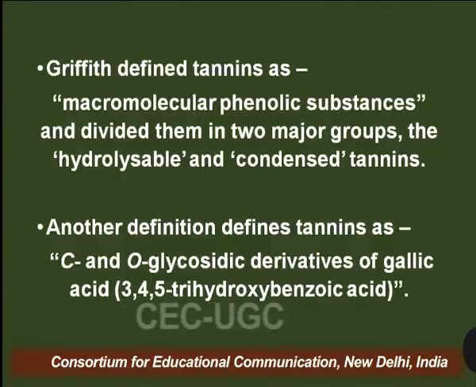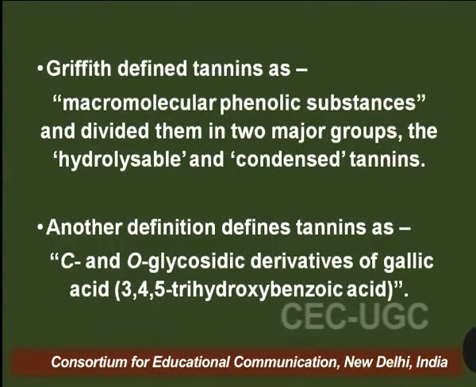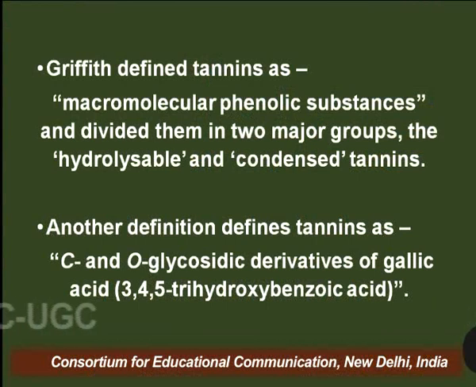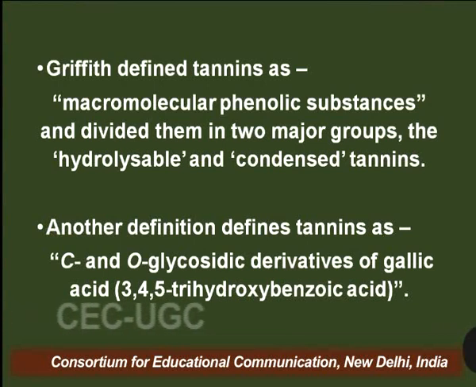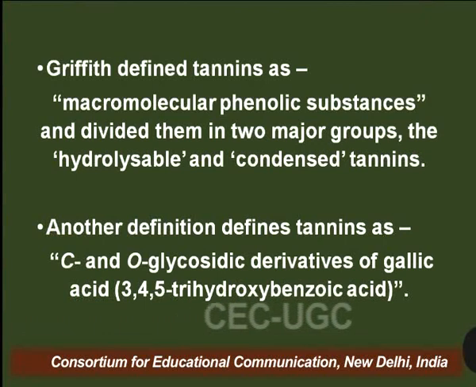But gradually, as the understanding about these important compounds improved, the definition also improved. Griffith defined tannins as macromolecular phenolic substances, and divided them into two major groups, that is hydrolyzable and condensed tannins. Another definition states that tannins are the C or O glycosidic derivatives of gallic acid. Now, all these definitions are incomplete in one sense or other.